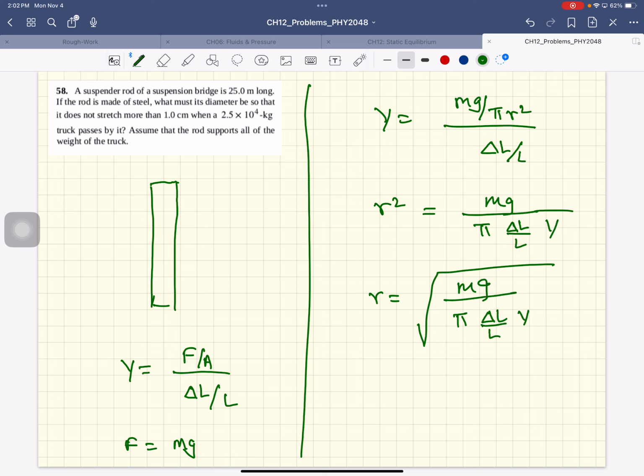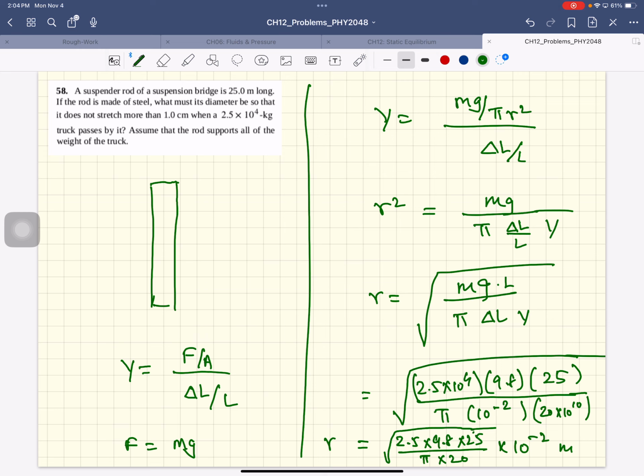Okay, so the answers are coming out in centimeters. 2.5 into 9.8 into 25 divided by pi into 20. Okay. So a rod as long as this room, and you have those rods on the bridge there. Okay. So let's see how much it'll stretch when a truck goes by.